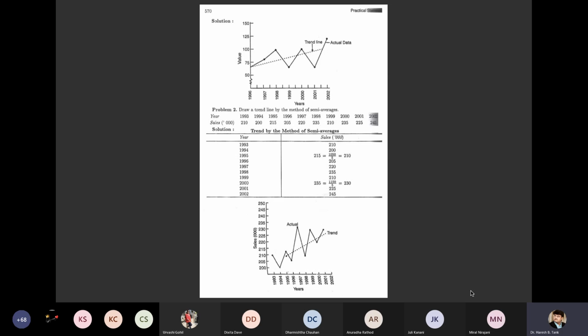So 2000 on the x-axis and 230 on the y-axis. Wherever the junction comes, mark that point. Now these 2 points are to be connected with a dotted line. And that line is called a trend line.